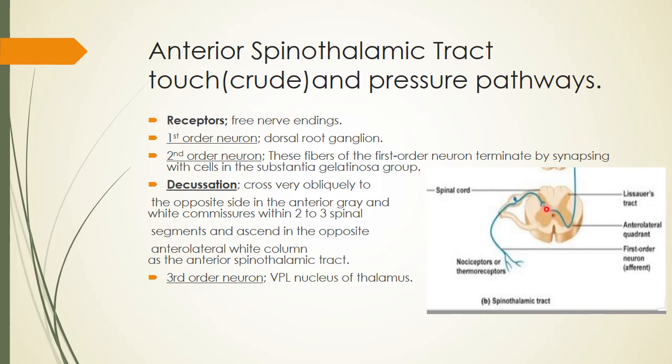Now this crossing occurs obliquely within 2 to 3 segments of the spinal cord. That means if the fibers have entered at this level, they will ascend for 2 or 3 segments above before they cross obliquely to the opposite side, and then these fibers will continue as the anterior spinothalamic tract.